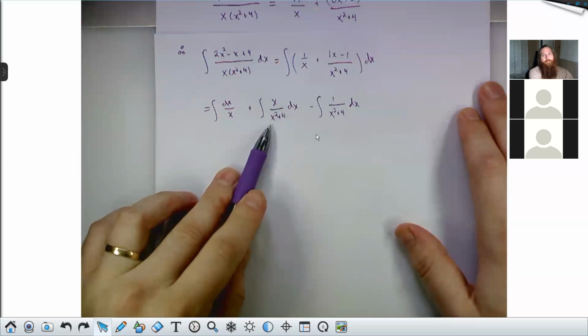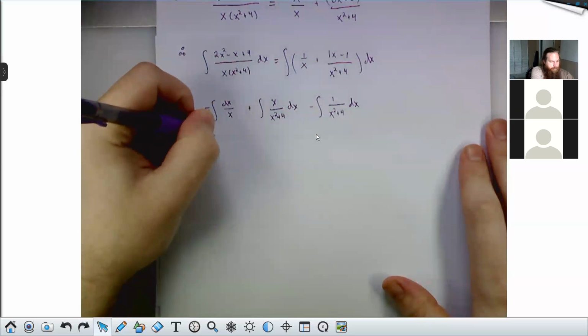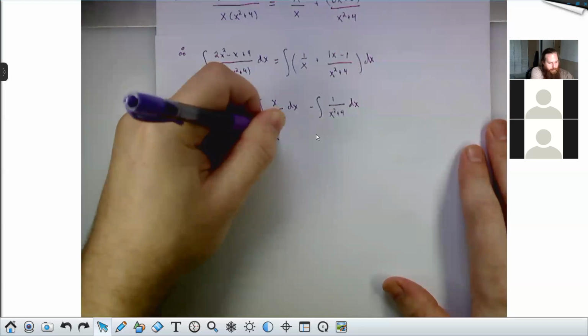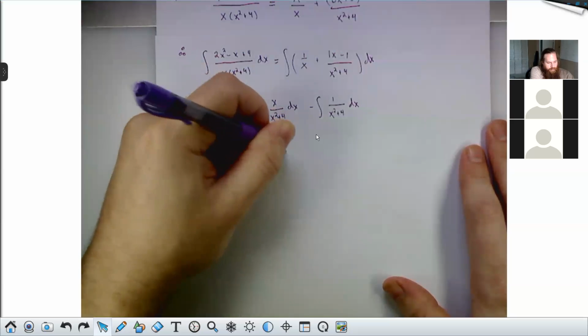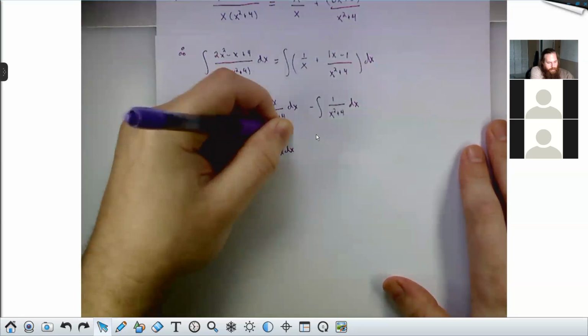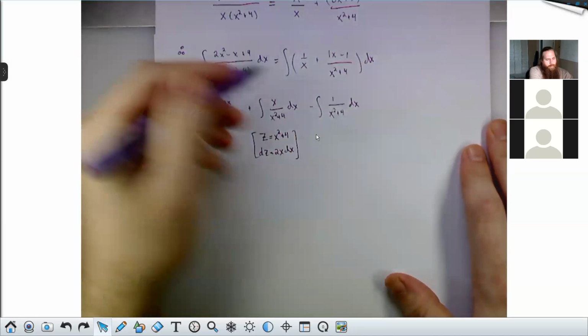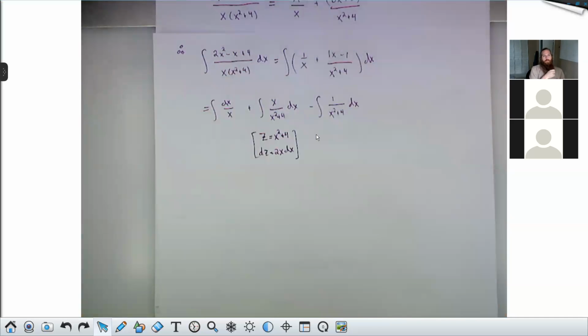How do I do the middle integral? Good. So here I will make the substitution z equals x squared plus 4. dz is 2x dx, so I'll get a factor of 1/2 out here, and then I'll end up with the integral of 1 over z dz. What about here? What do I do in the third integral?